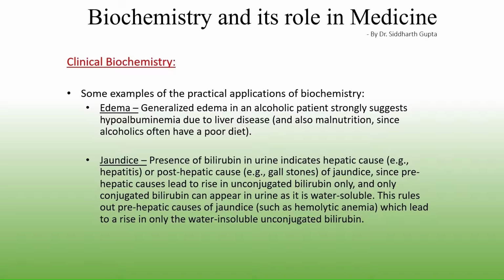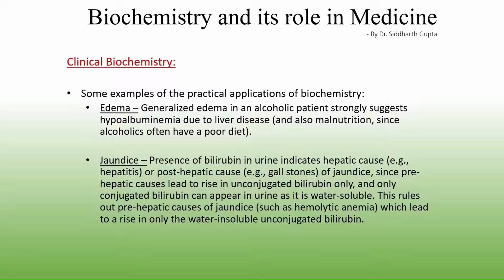Hepatic causes of jaundice could be hepatitis or liver cancer, and post-hepatic causes are any causes which cause obstruction of the bile duct, for example, gallstones. And unconjugated bilirubin levels rise in prehepatic causes, but in prehepatic causes there is no rise in the level of conjugated bilirubin.